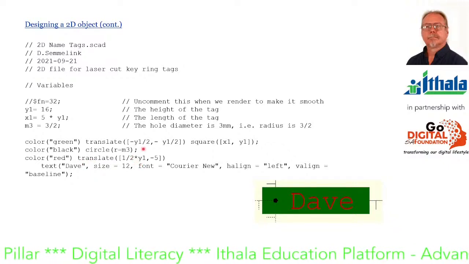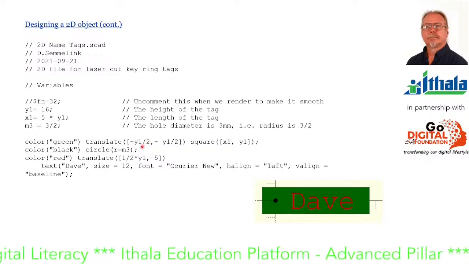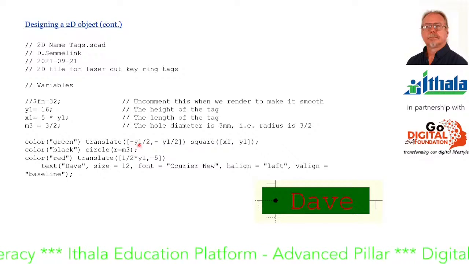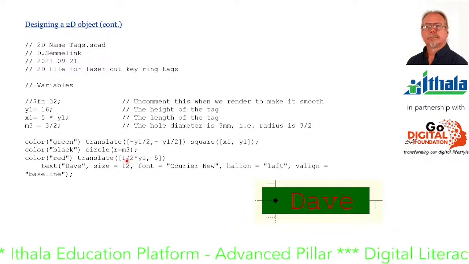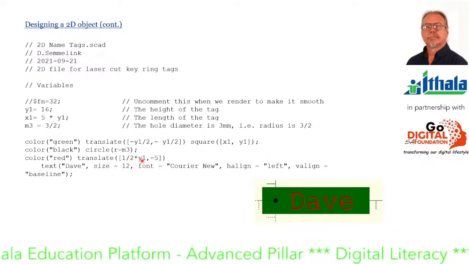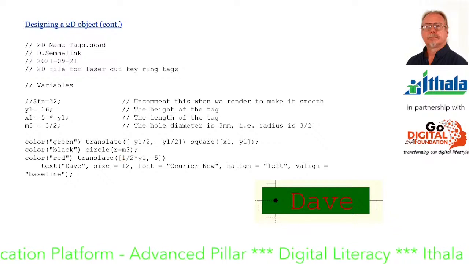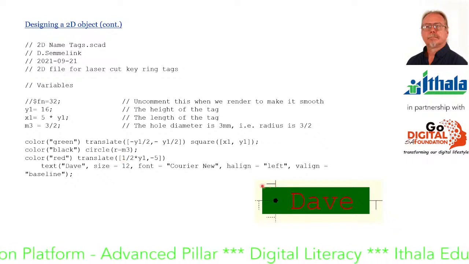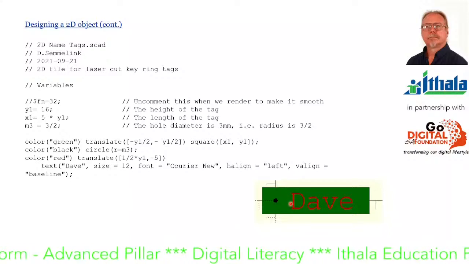In this case, because we moved the rectangle over by half of the height in the left direction, we'll start the text with half of the height in the right direction. There's no minus sign here. So we shifted the rectangle over here, and we want to start the text over here.